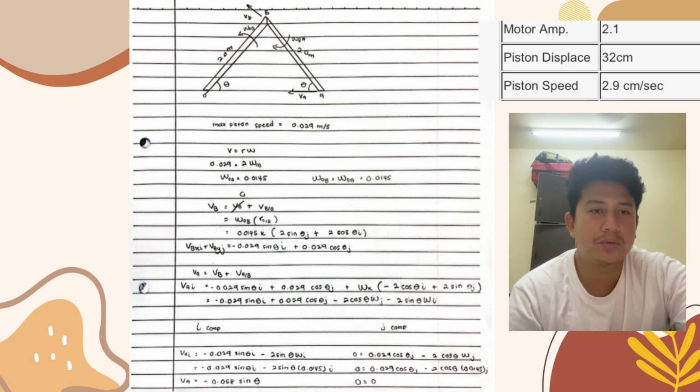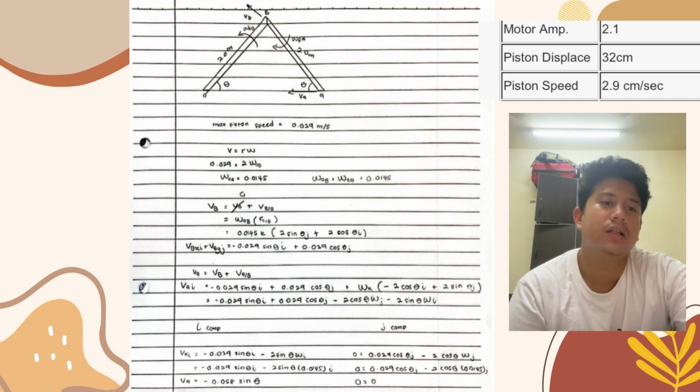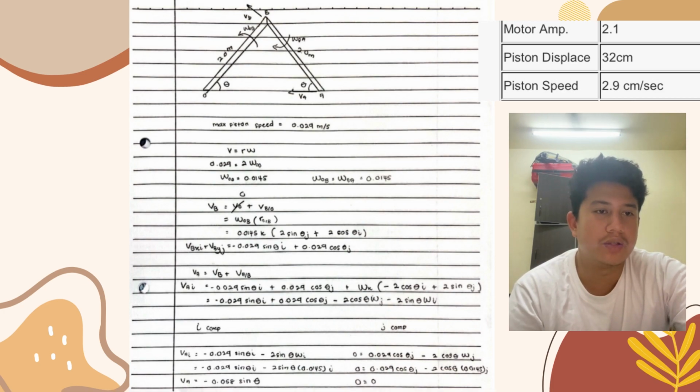For the J component, we have no J component, so we put 0 equal to 0.029 cos delta J minus 2 cos delta omega AB. When we put the number of omega AB, which is 0.0145, we get the answer of 0. So for the J component, we are sure that there is no J force, so the direction for VA is just in the x-axis.